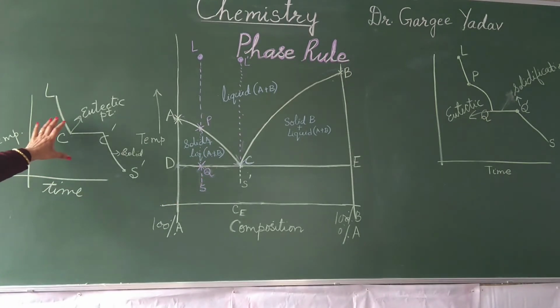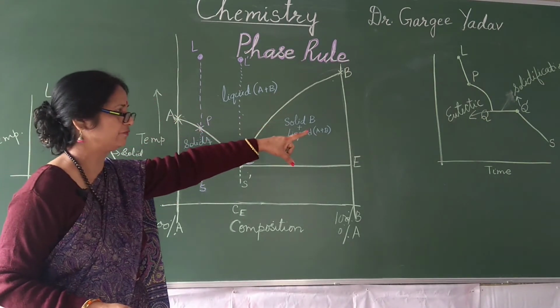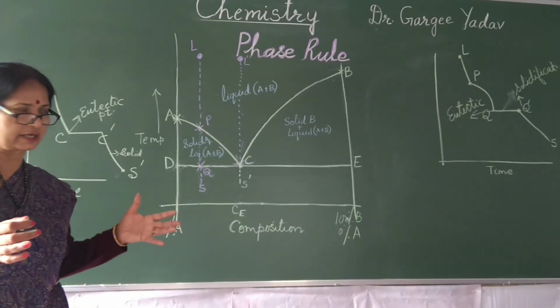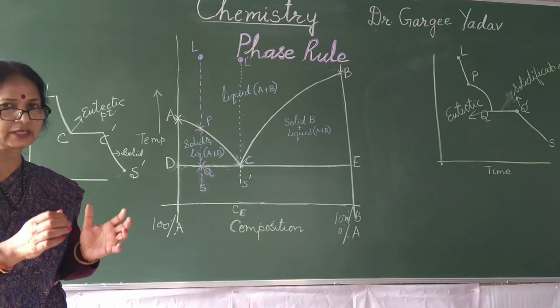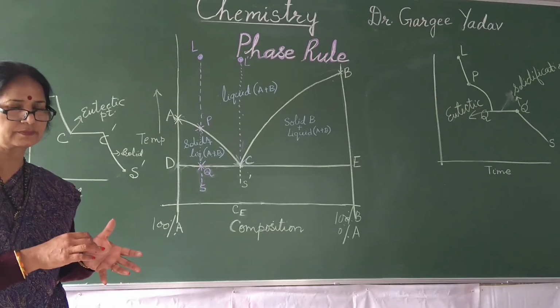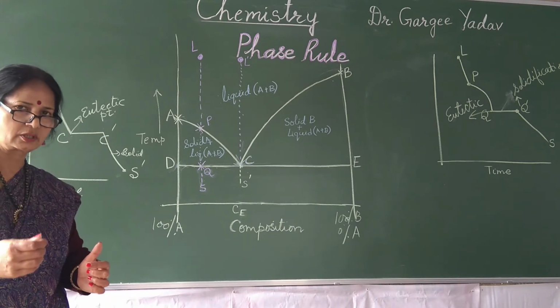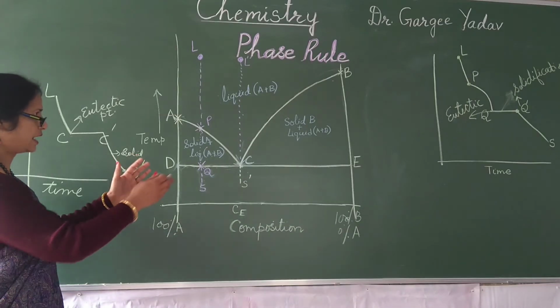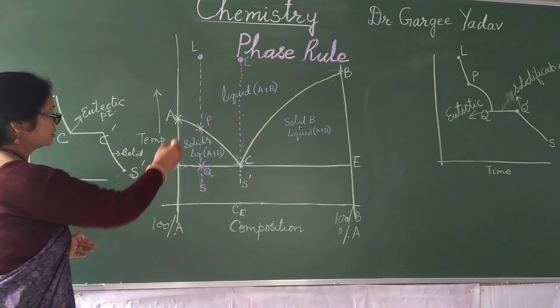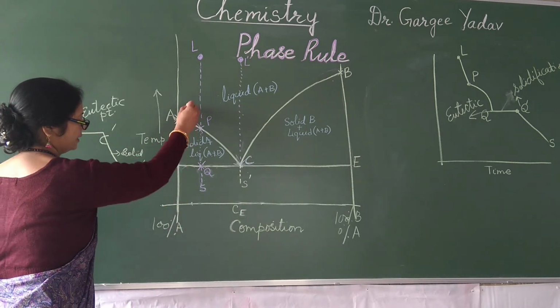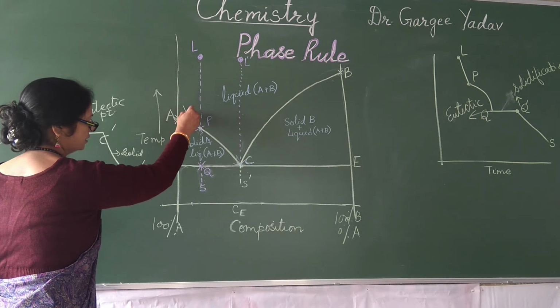So with the help of that cooling curve, we can construct a phase diagram. What we do is we take different compositions and construct a cooling curve for those compositions. Suppose I will explain it here only. Suppose we are taking a composition of this much. So what will happen? A graph will come like this.